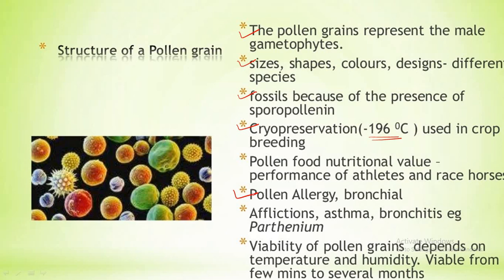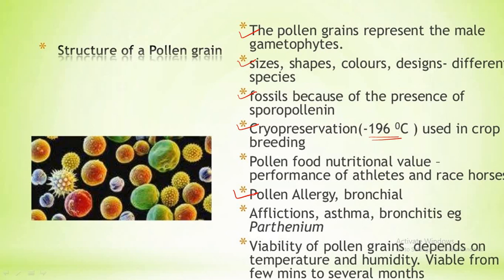Example, Parthenium or carrot grass came to India as a contaminant with imported wheat, and it became ubiquitous. Ubiquitous means it was present everywhere in occurrence, and it caused pollen allergy.